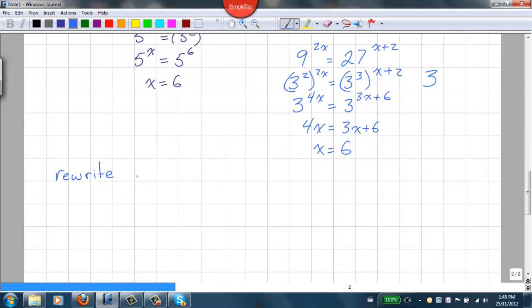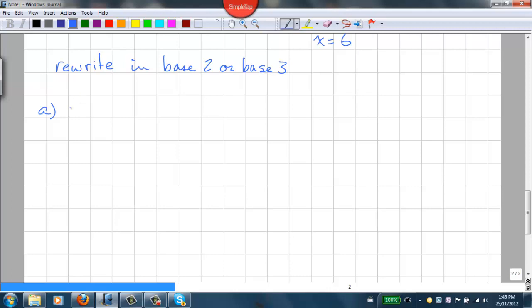So let's rewrite each of the following expressions in base 2 or base 3. So we're going to rewrite 27, 9 squared, 4 cubed, the cube root of 81 all squared.